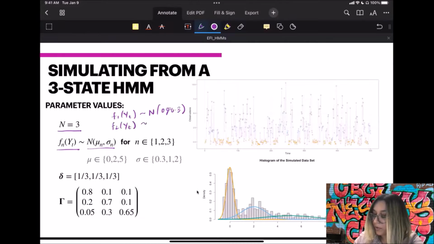The data are generated according to a normal distribution for state 2 with a mean of 2 and standard deviation of 1. And in state 3, our data are generated according to a normal distribution with mean 5 and standard deviation 3.